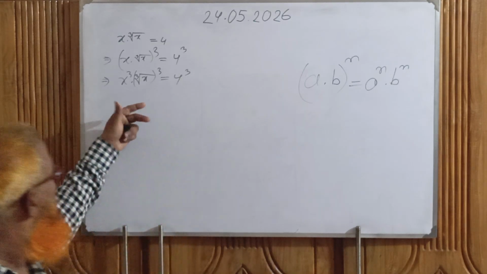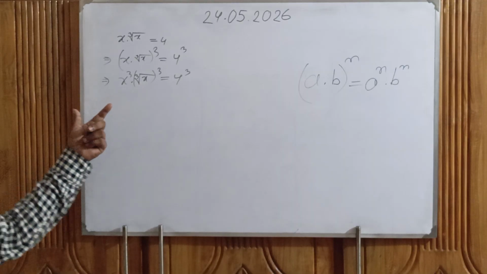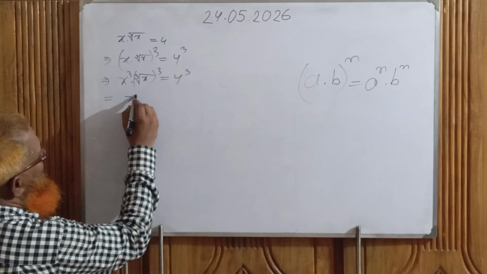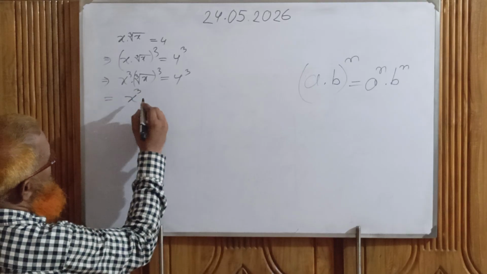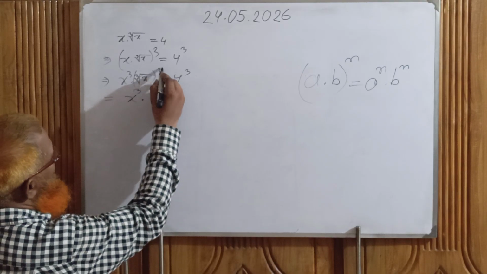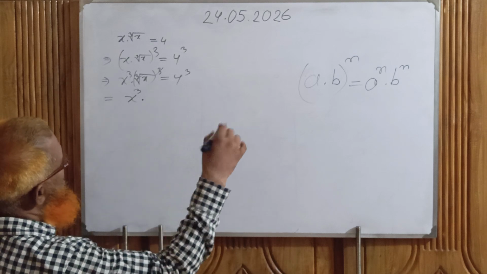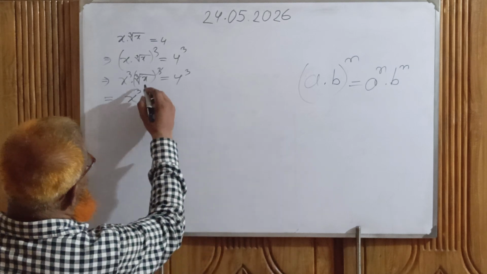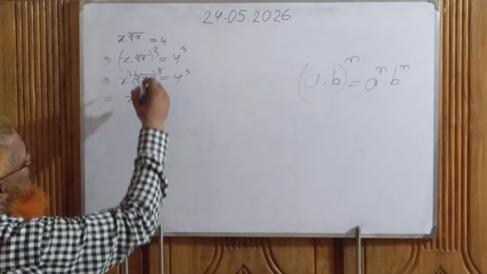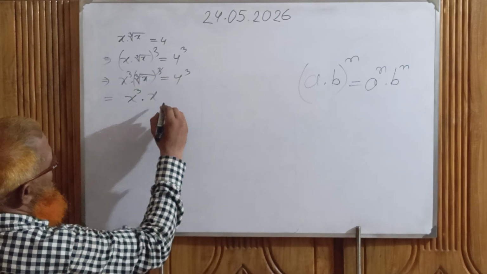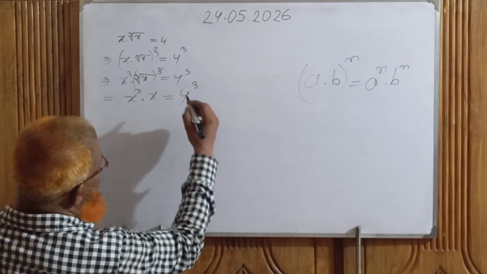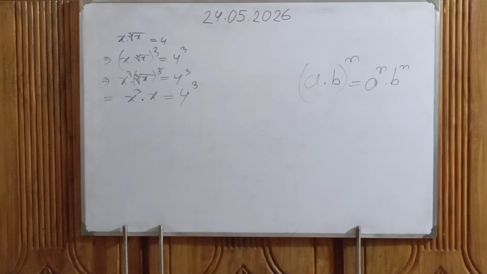And now what do we do? The cube root and the cube cancel, and we have x equal to 4 power of 3.